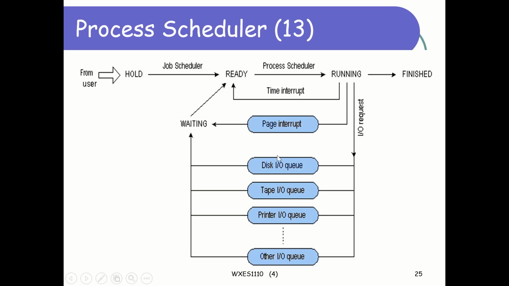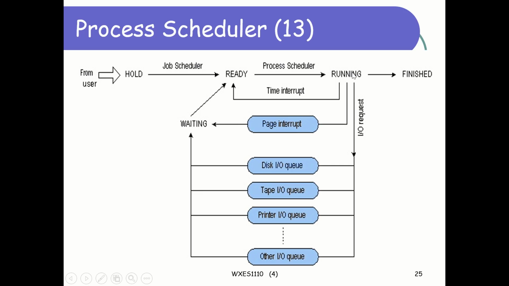So the PCBs are linked to form a queue. This is from the user, and then a job is accepted, it is put on hold, and then the job scheduler will change it to ready, and then once ready, it will start to run. If anything happens like an interruption or a higher priority job is coming, it goes back to ready, or it will run and finish.